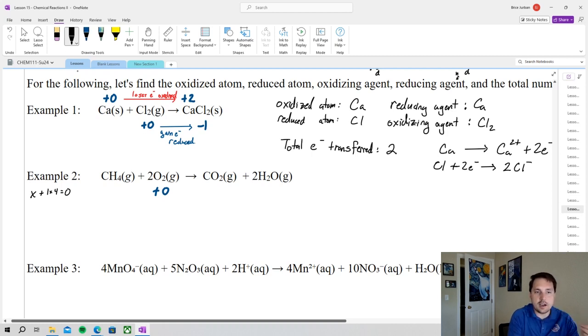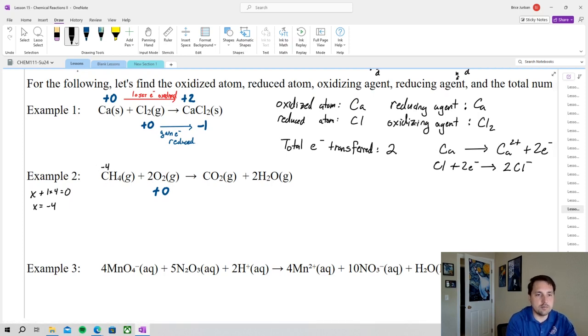So if each of the hydrogens has a +1 oxidation state, then when we solve for x, we find that it has to be -4. So this is the most reduced state of carbon when it has an oxidation state of -4. That's as reduced as it can be.